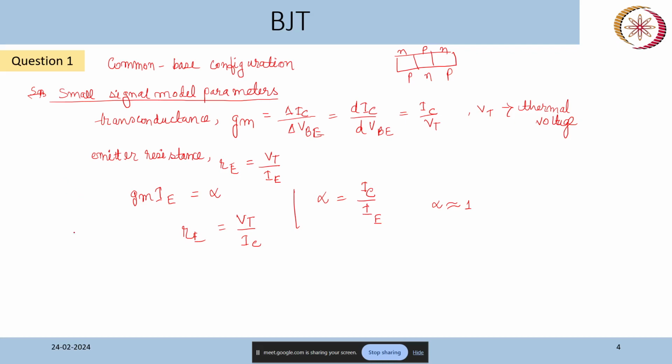To match the impedance of the 50 ohm antenna, this impedance should be equal to 50 ohm.